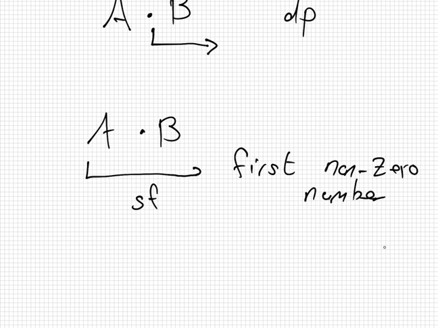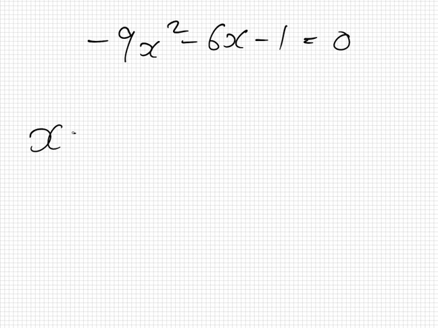Okay, so let's use that now. If you look at question 3, you see I tell you what I want. So like, first one is 2 decimal places. So let's try that one. Minus 9x squared minus 6x minus 1 equals 0. Okay, now you can use your calculator fully. So I want you to tell me the answers to 2 decimal places here.